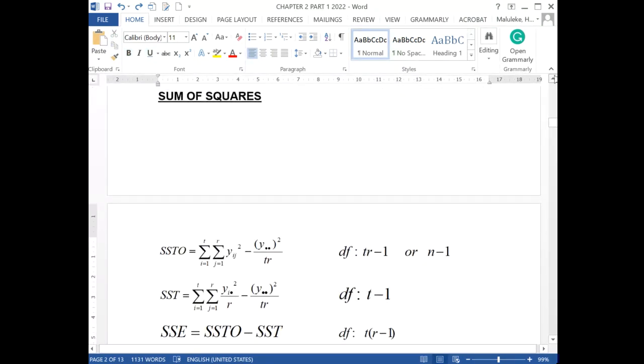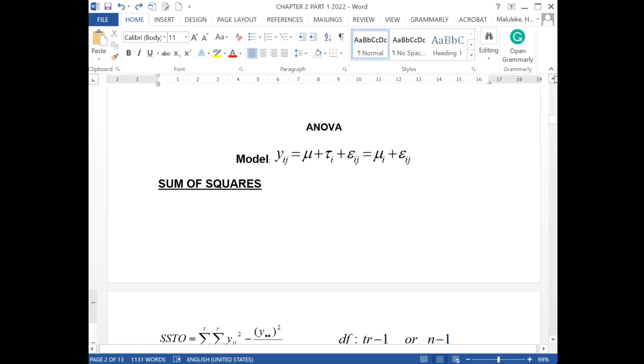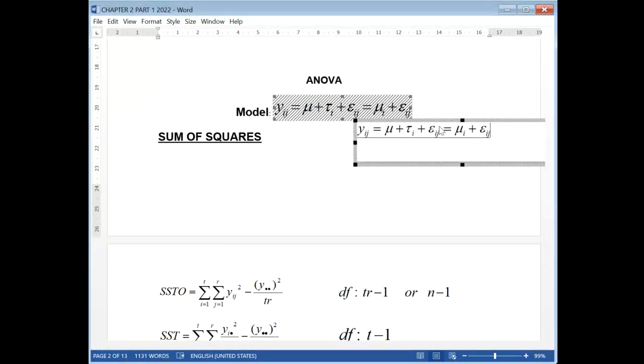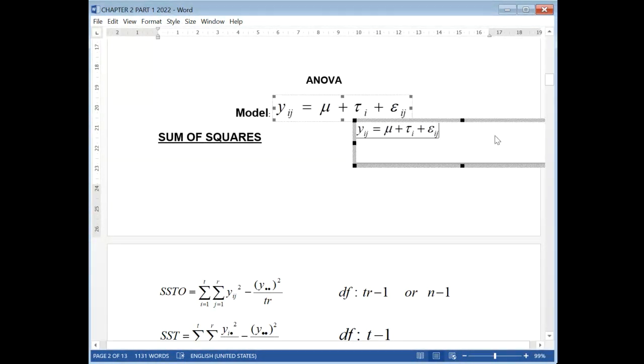So the model related to one-way ANOVA is this one. Here is the model. How these variables are defined is in your study guide. Mu is the population mean. Tau i is the effect of the ith treatment.